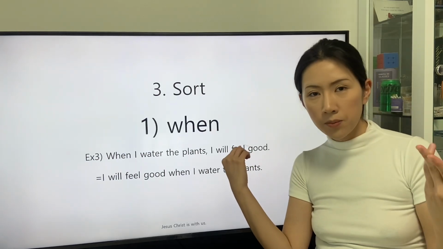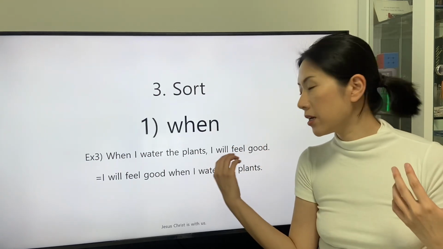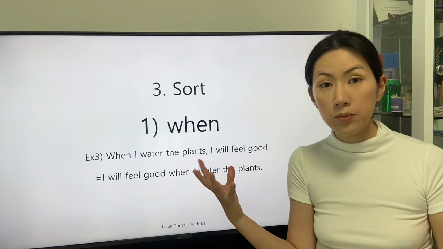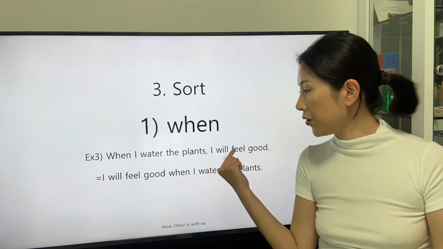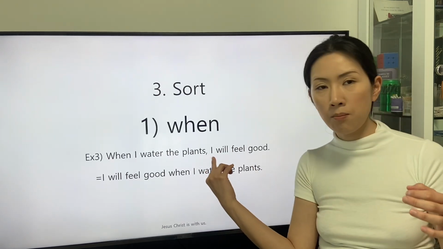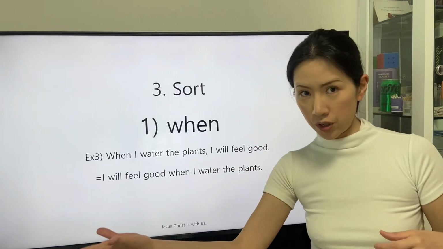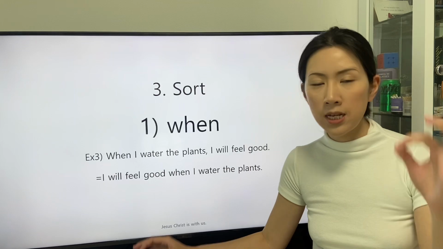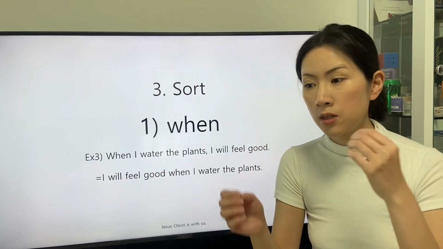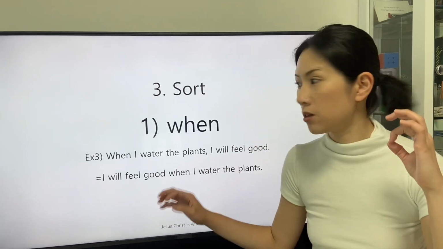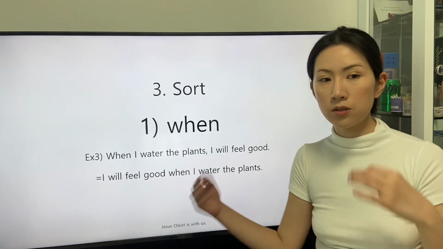The condition stated in the main clause is described by the modal verb will to reveal the condition to be actualized in the future. This is the difference between the tenses in the subordinate clause and the main clause.